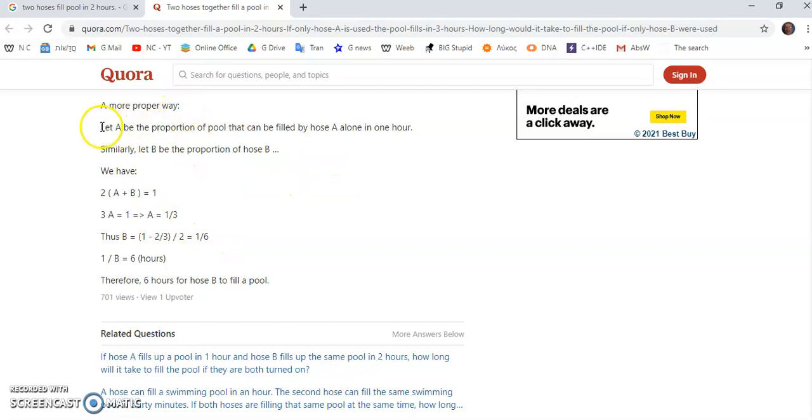So you'll see then that he says, let A be the proportion of the pool. Well, actually, A is not at all the proportion of the pool. The A and the B that he uses here are actually the rates of each of the hoses. In other words, so many volumes of water per unit of time, okay?